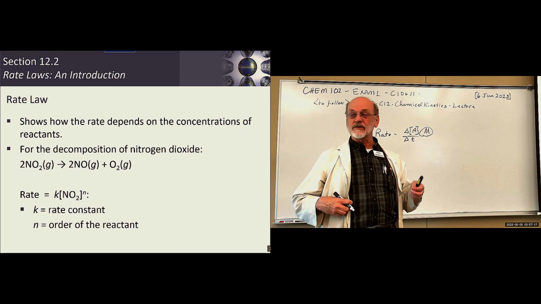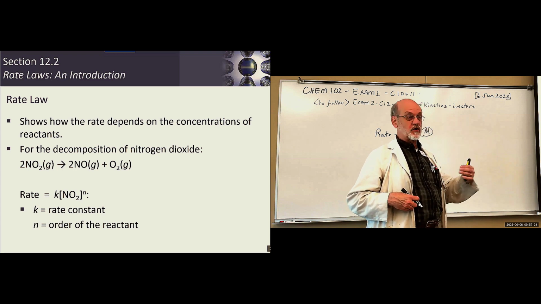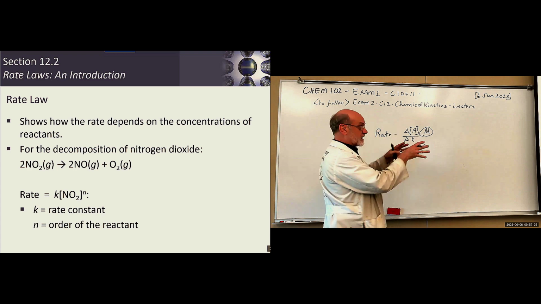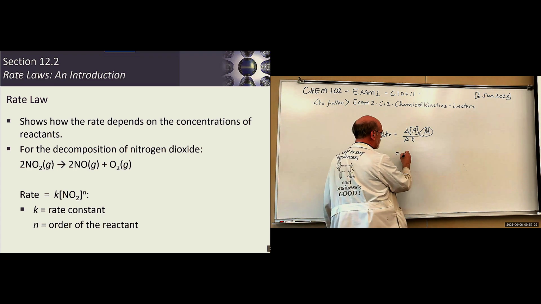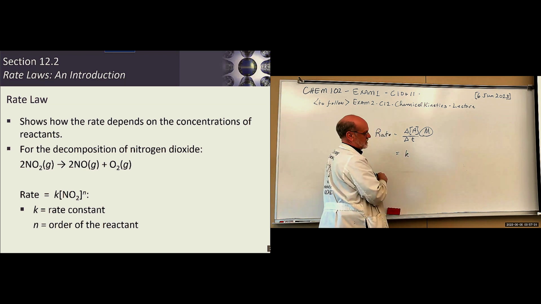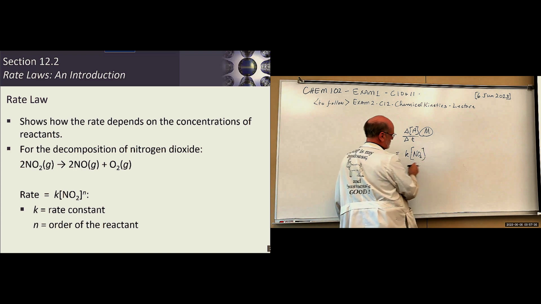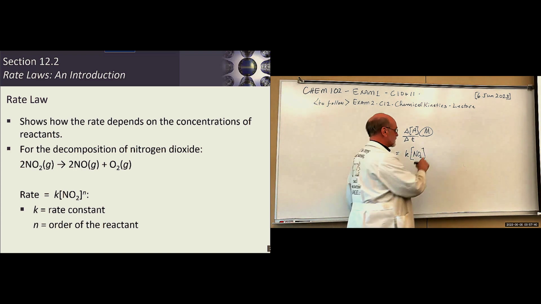It has no why associated with it. It just has to be experimentally determined. And the rate law is an expression for this particular reaction. The rate then is equal to some rate constant times the concentration of, in our case, this reactant to some power.